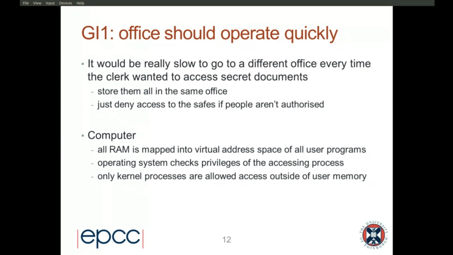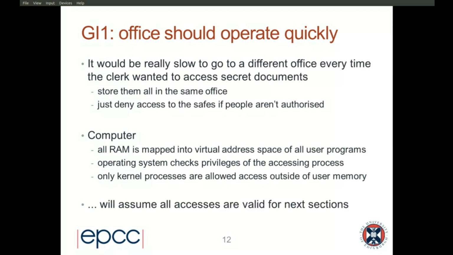We've already made a design decision to store all the memory in the same place. We could have just said, look, user processes can't even ask for a privileged memory, but that would mean it would be slow whenever the lawyer wanted to access the documents which she's allowed to see. So we've stored them all in the same office, and that's the first element of the vulnerability. In principle, all memory is accessible to every process, but the operating system just says no when you're not allowed to see it.